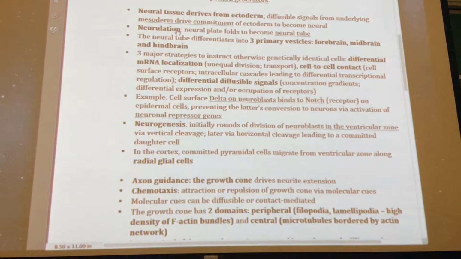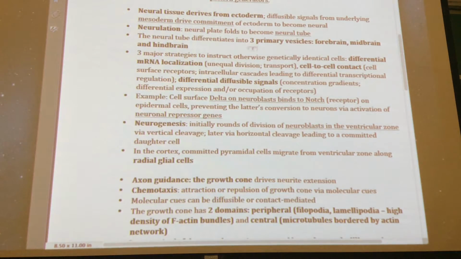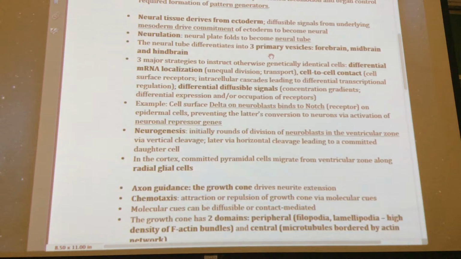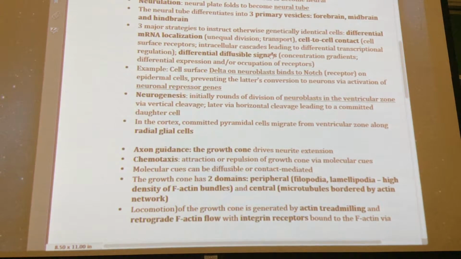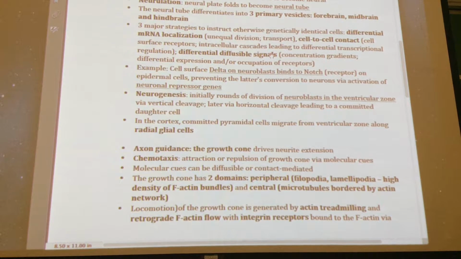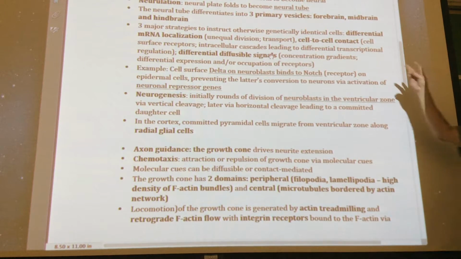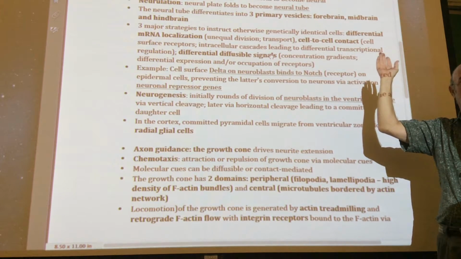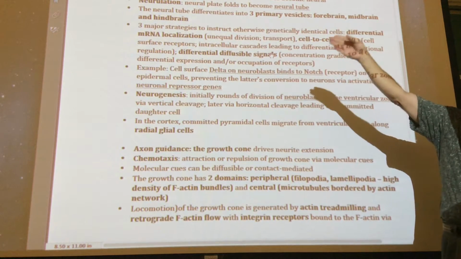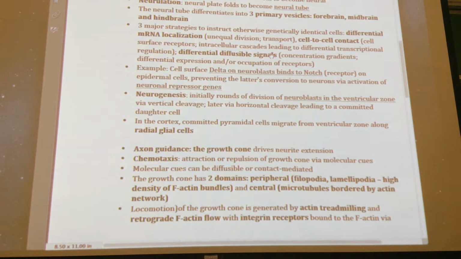So that part forms a plate, and that plate folds up into the neural tube, right? The neural tube differentiates into 3 vesicles, and here they have, again, these encephalon names with just forebrain, midbrain, and hindbrain. But remember the 2 brainstem bits from the hindbrain, medulla and pons, together with the midbrain, make the whole of the brainstem.